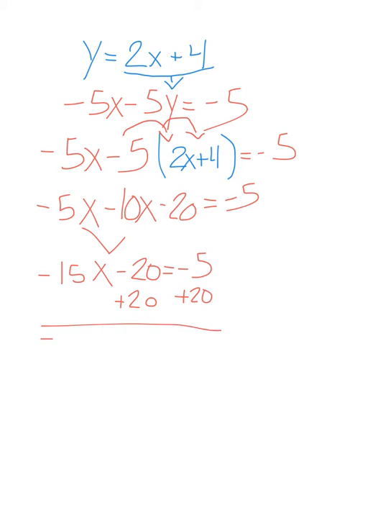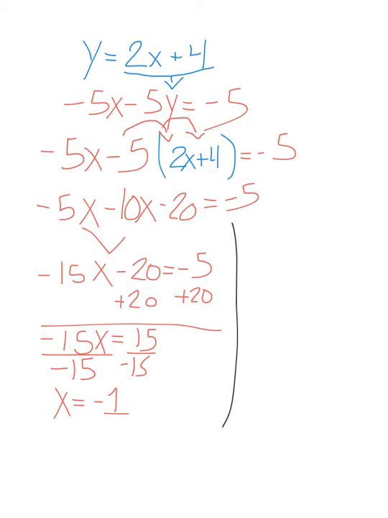That would leave us with negative 15x equals positive 15. Last but not least, we're going to divide each side by negative 15. That would leave us with x equals negative 1. So when we solve for x, we get x equals negative 1.